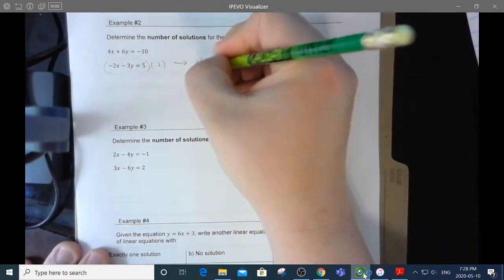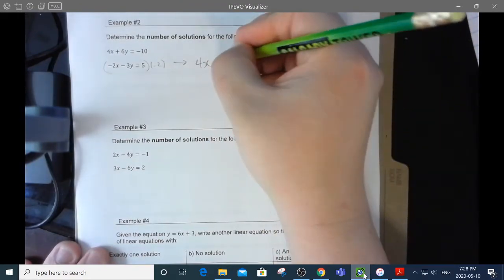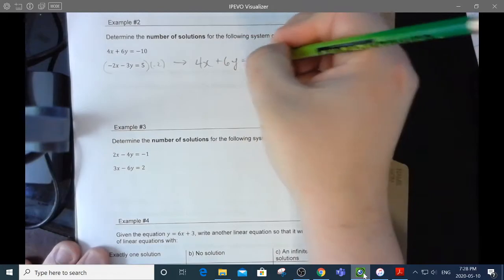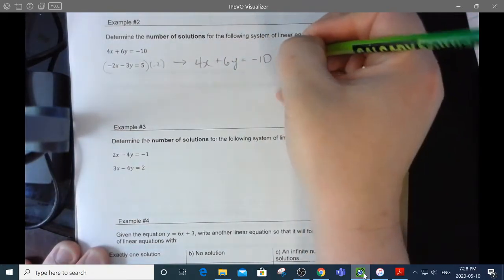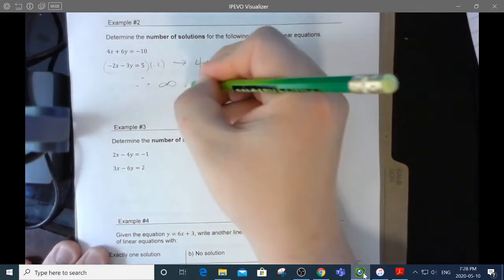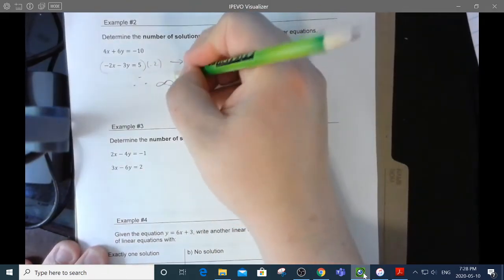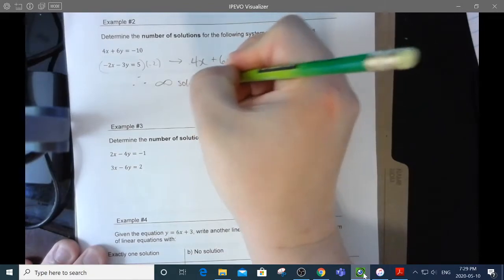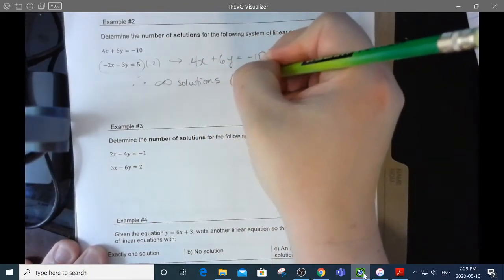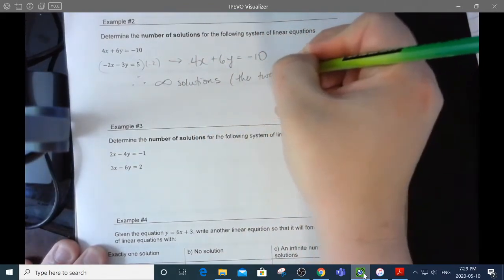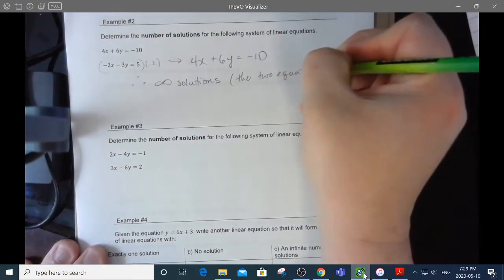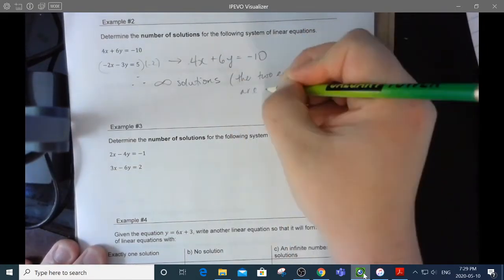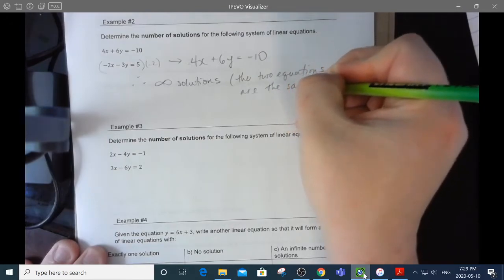I get positive 4x, I get positive 6y, and I get -10. Therefore, infinite solutions, and the reason why is because the two equations are the same. Okay.